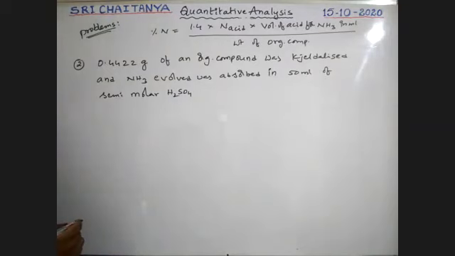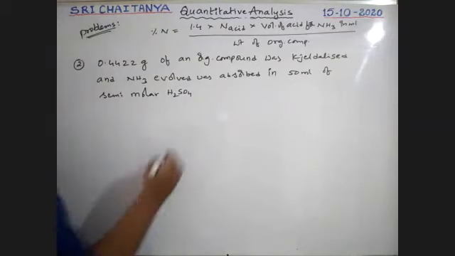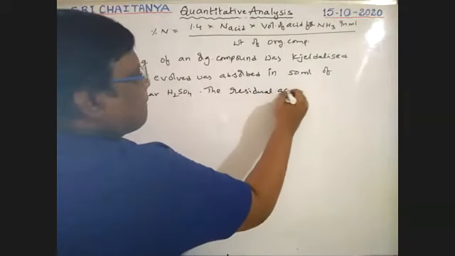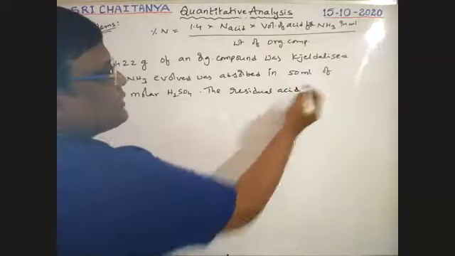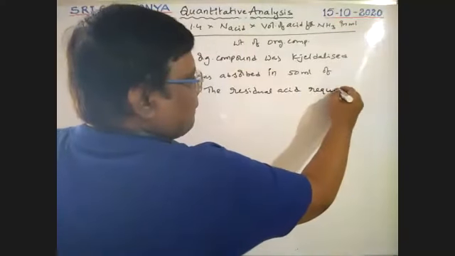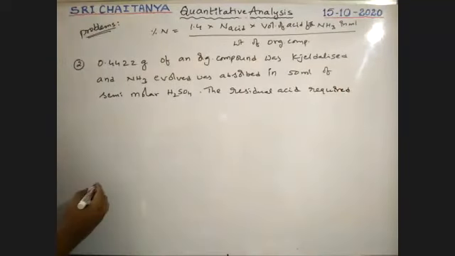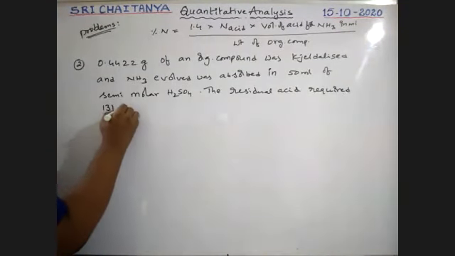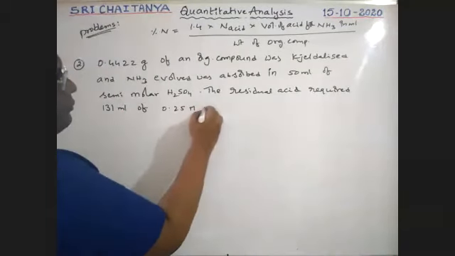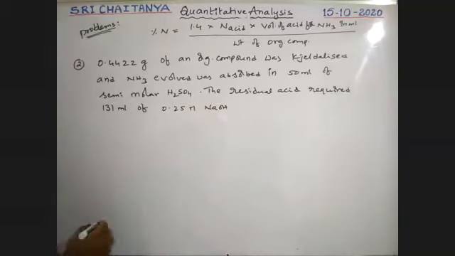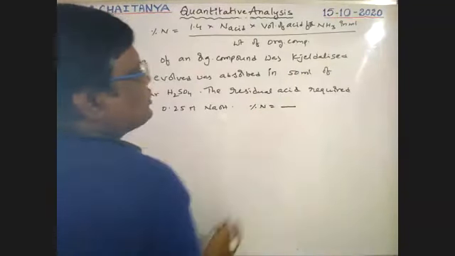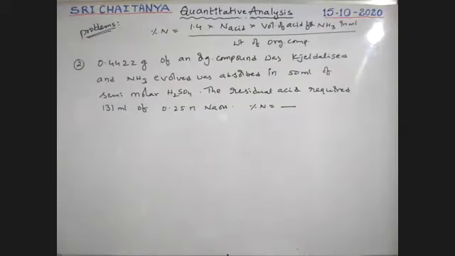The residual acid required 131 ml of 0.25 M NaOH. Percentage of nitrogen is equal to how much?